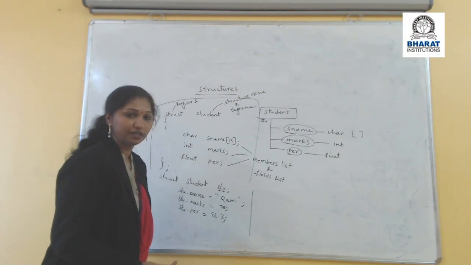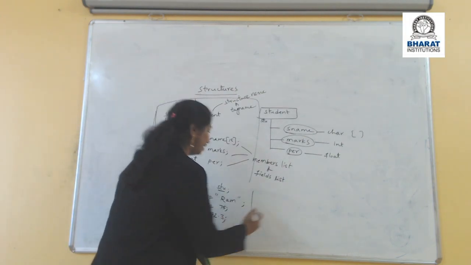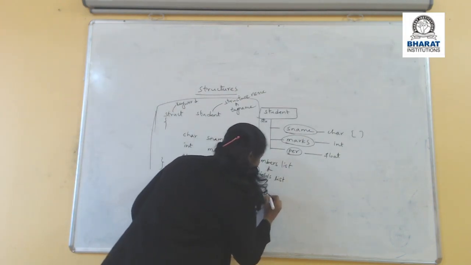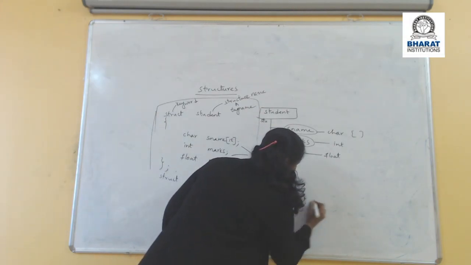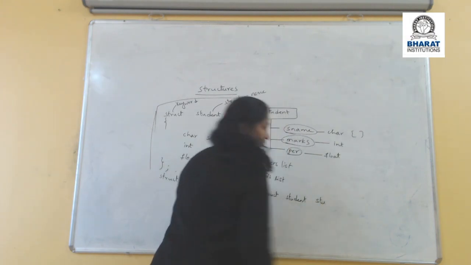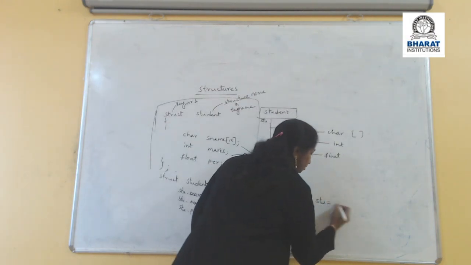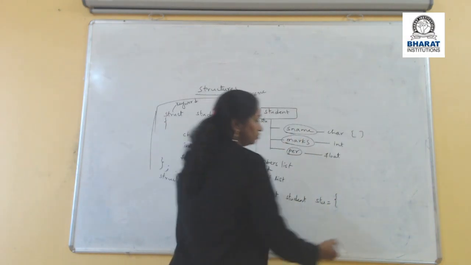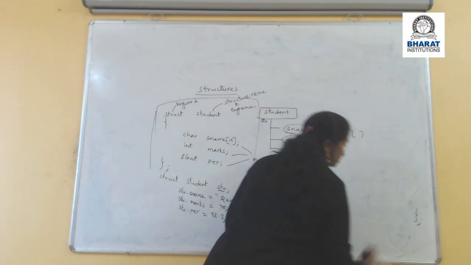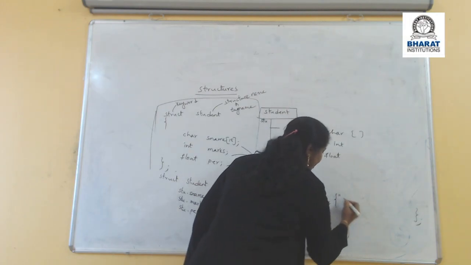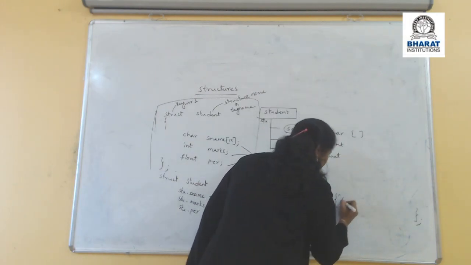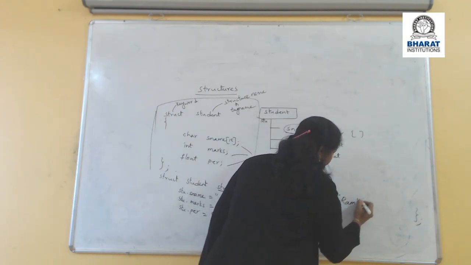Is there any other technique? Yes. We have another technique, that is struct student stu is equal to, and we can give the values within these opening and closing braces. In this, the first field is the character array, nothing but a string. Here the string is Ram, comma.